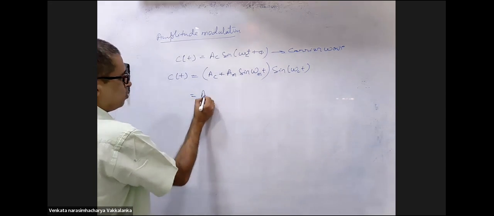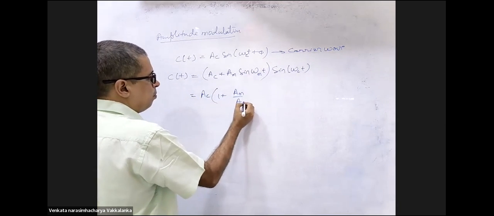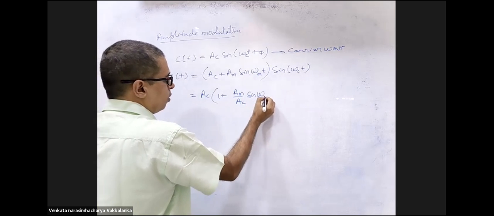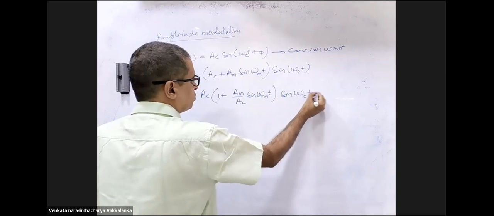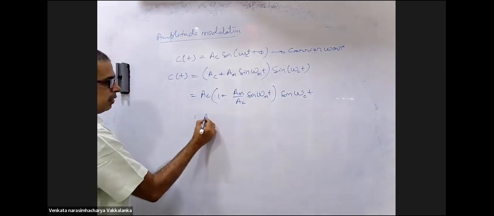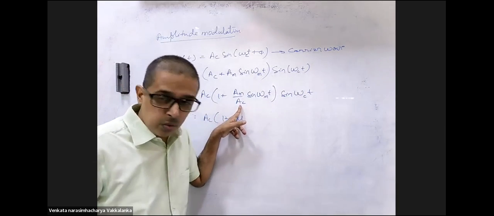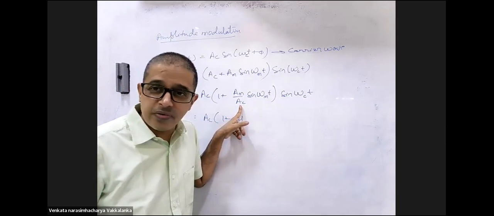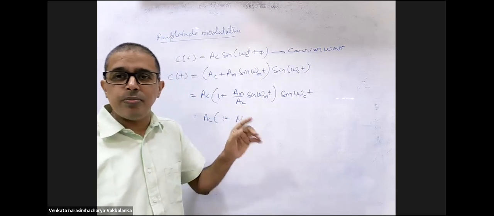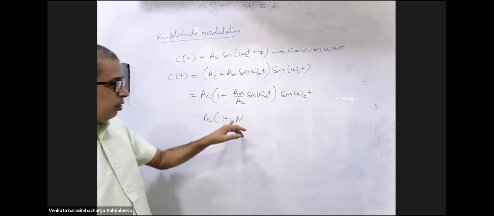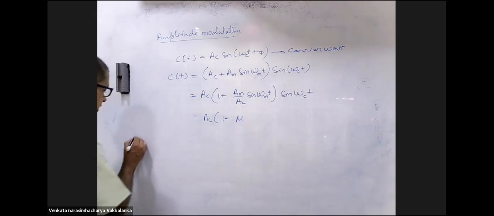Now what you do is you bring A_C outside. A_C times 1 plus A_m by A_C sine of omega_m t, times sine of omega_c t. This is called mu, not coefficient of friction, not refractive index, not dipole moment, but we use the same symbol. It is called modulation index.